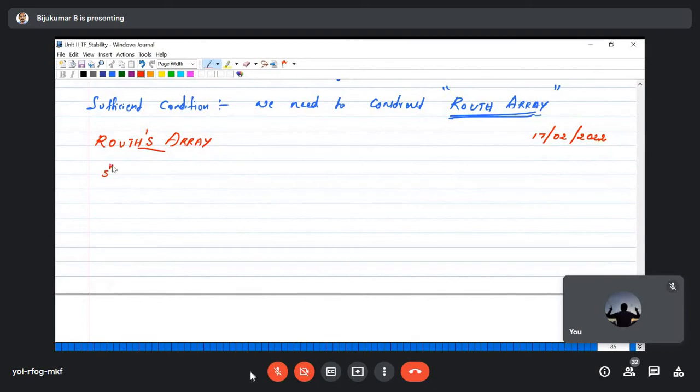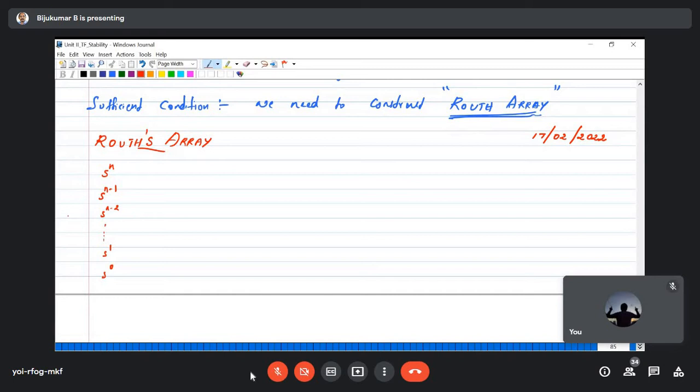So for an nth order polynomial, the first row is s raised to n. The next one is s raised to n minus 1, s raised to n minus 2, and so on, up to s to the power 1 and s raised to 0.